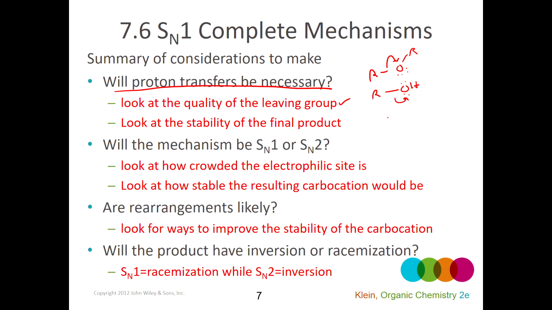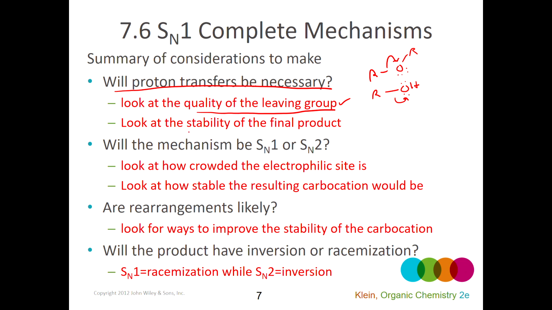It's not a good leaving group. And so any leaving group that can't stabilize a negative, you might have to do a proton transfer first to make it positively charged so that when it leaves, it becomes neutral, and that really stabilizes it as a leaving group and facilitates the reaction kinetically.